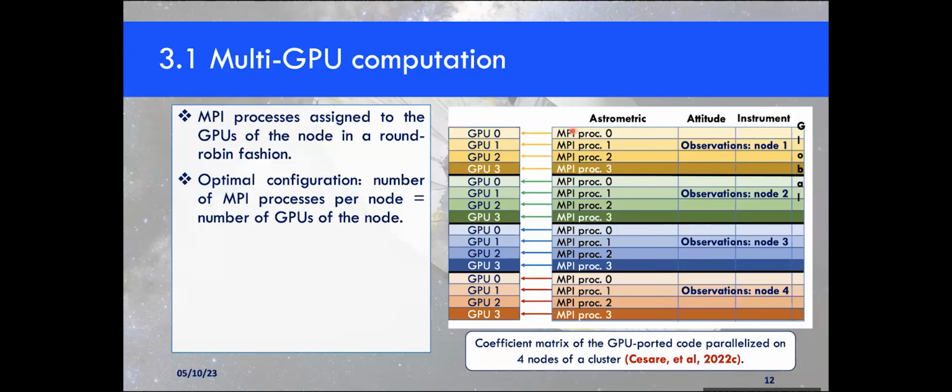And to run in an optimal configuration, the number of MPI processes per node has to be set to the number of GPUs of the node, since it guarantees to exploit all the GPUs of the node while keeping the number of MPI resources to a minimum.